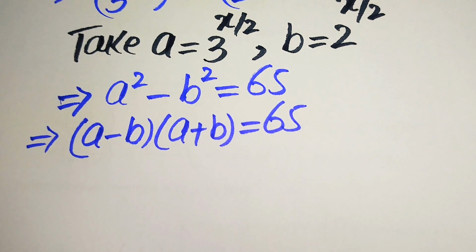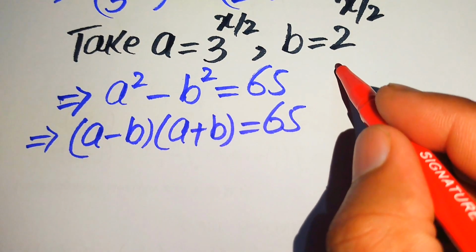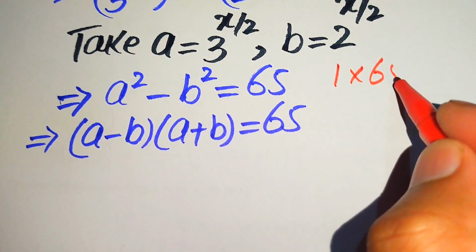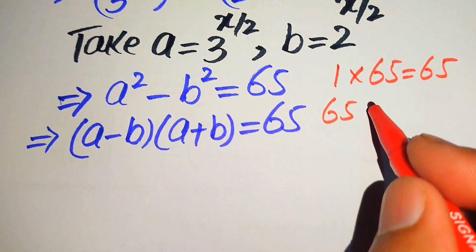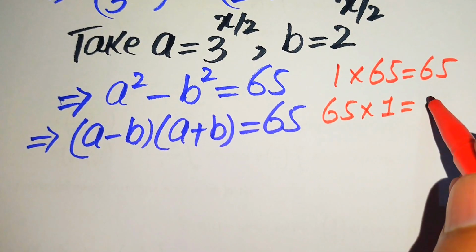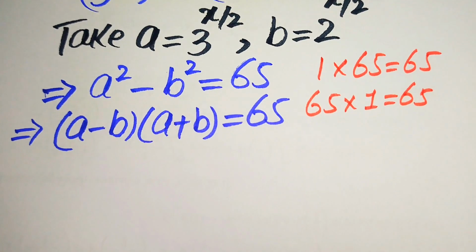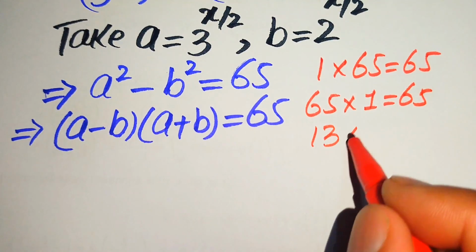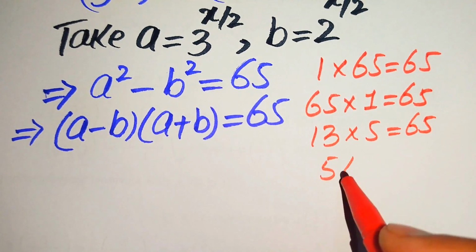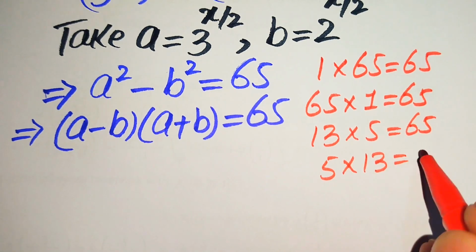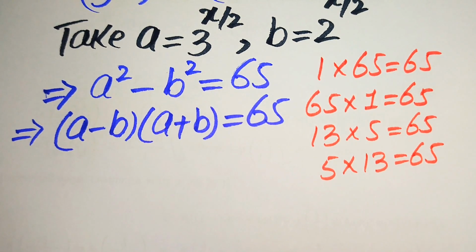The first possibility is 1 times 65 equals 65, and 65 times 1 is also 65, and 13 times 5 equals 65, and 5 times 13 is also 65.